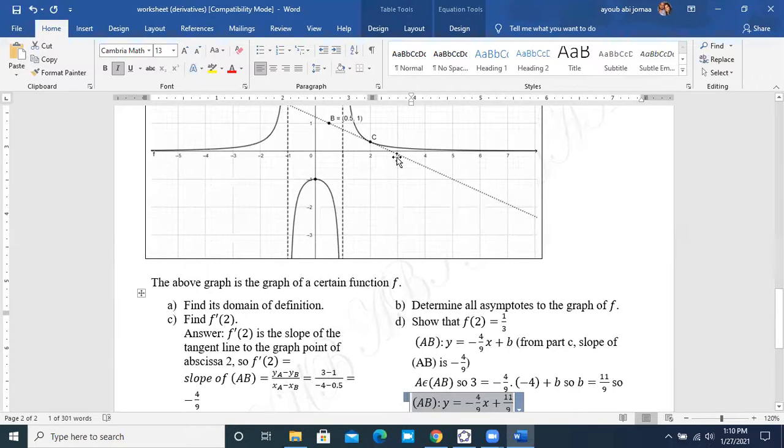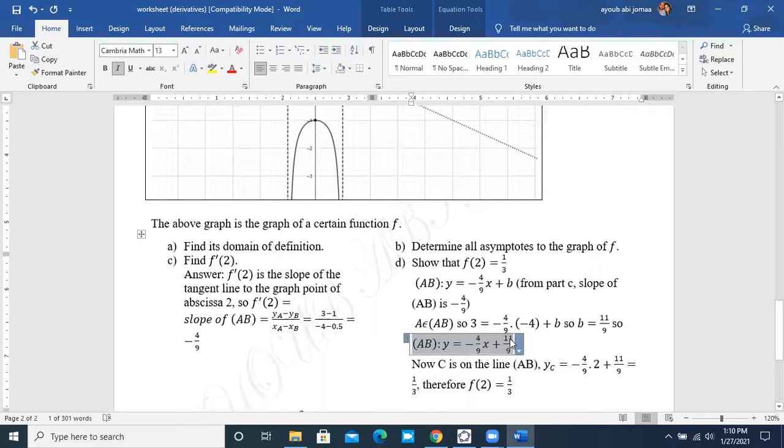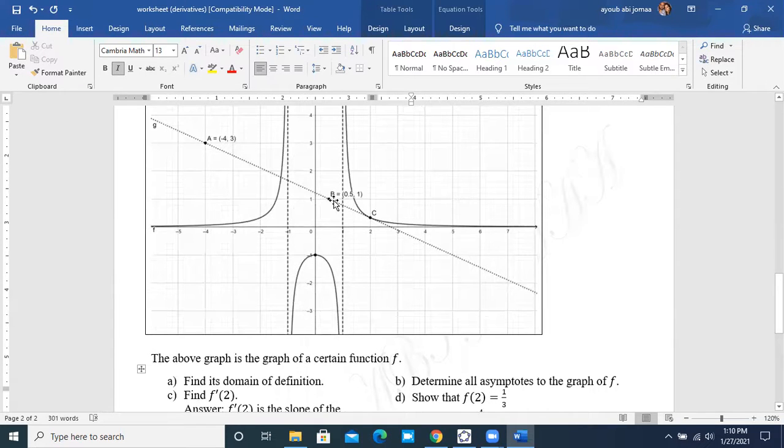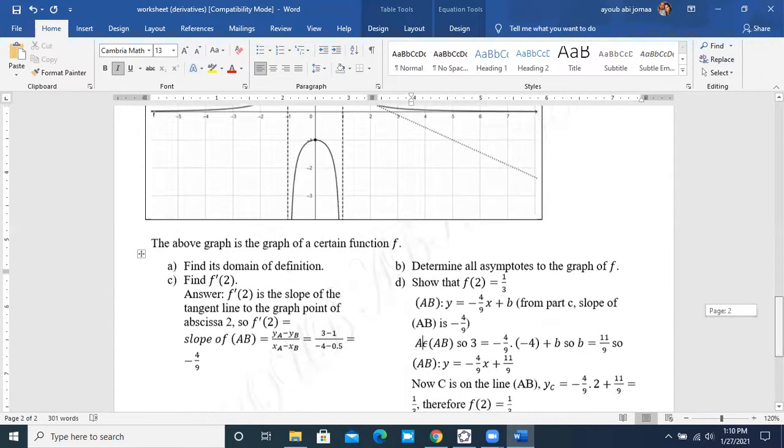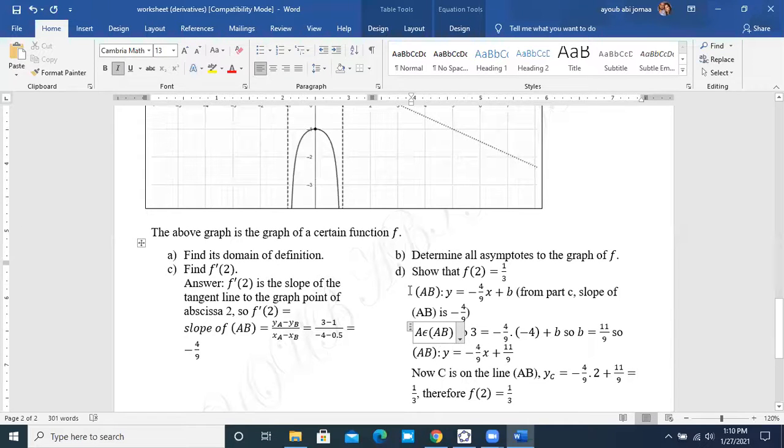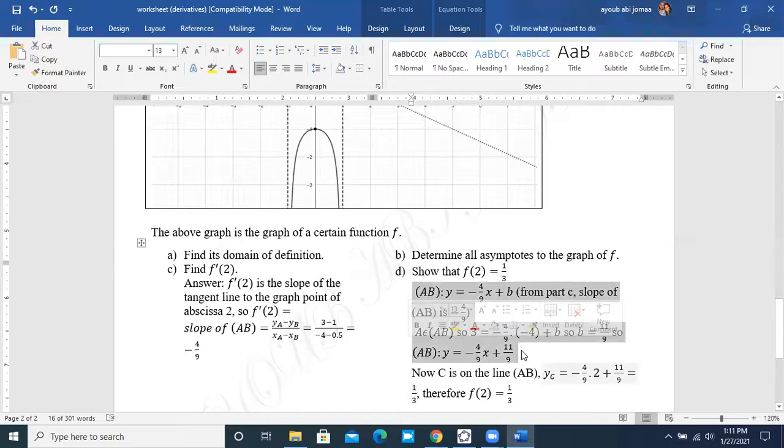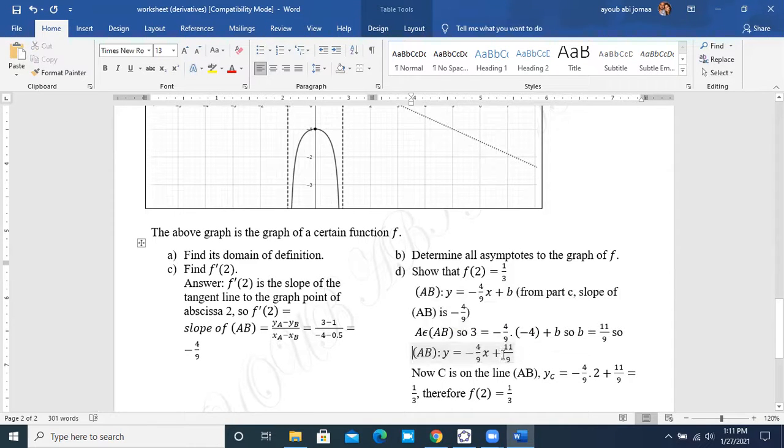Point C is on the line, so the coordinates of point C satisfy the equation of line AB. So you can replace x by 2. First thing, listen a bit: in order to write the equation of the line, I used A. I could have used B too, because for A and B I have the coordinates. I could use any one of them, no problem. Okay? Clear? Up to here, I was finding the equation of the line.